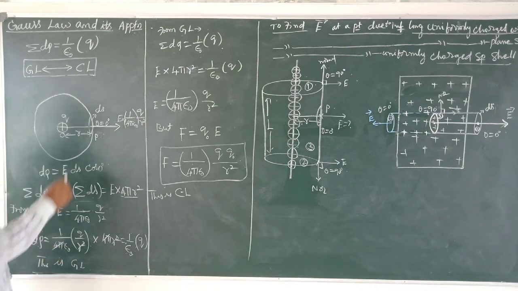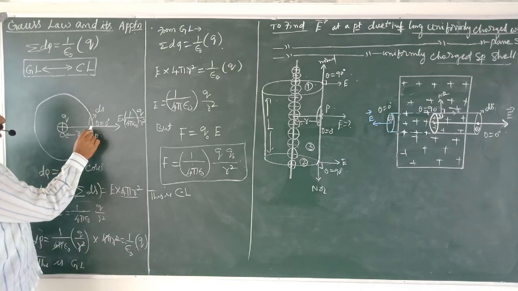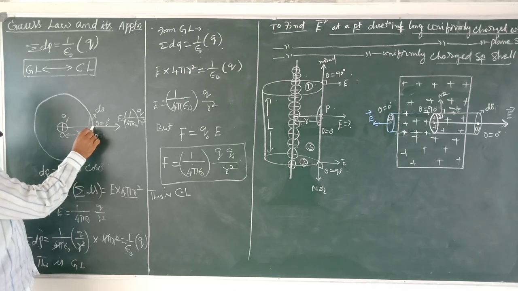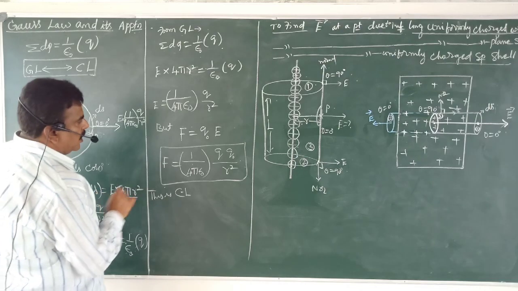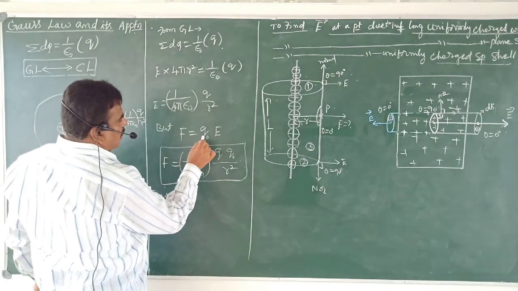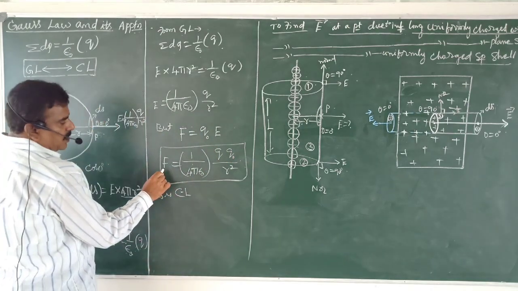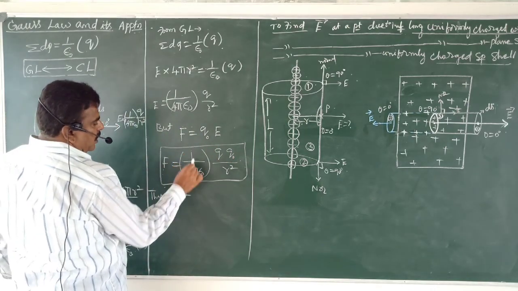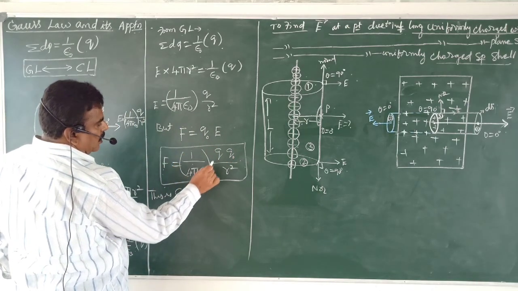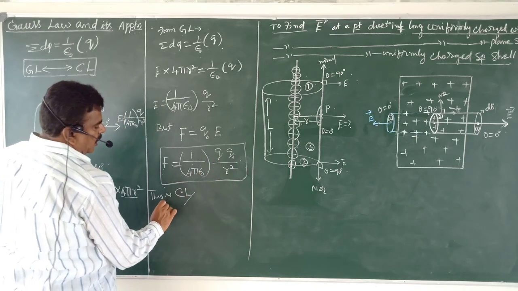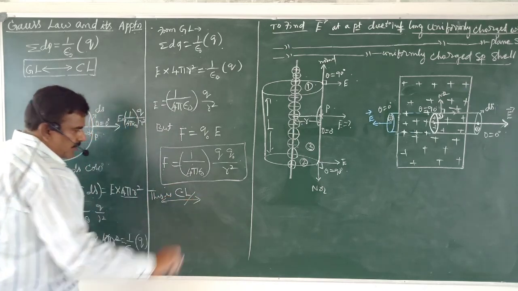If you place a charge q naught here, the force on this test charge due to the source charge is given by F equals q naught E. If we substitute for E, we will get F equals 1 by 4 pi epsilon naught q q naught divided by r square. This is nothing but Coulomb's law.